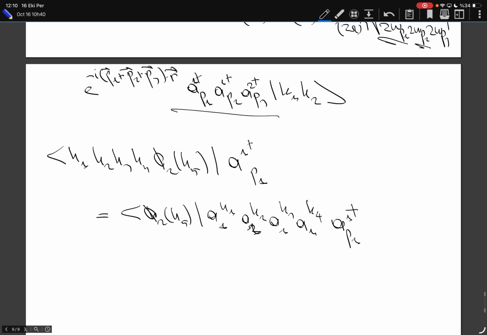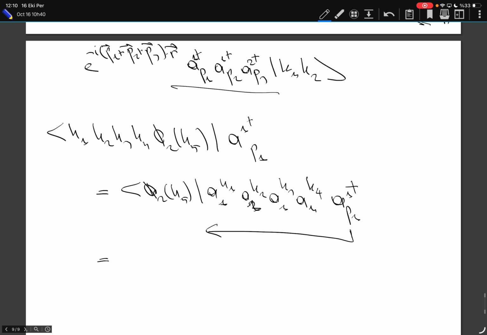Now, how can I calculate this? I need to move this creation operator all the way to the left. If I move it all the way to the left, a dagger acting on a bra will just give me 0. I have to commute it one by one through each one of those. So what will that give me? Let's say this will be phi 2, k5.